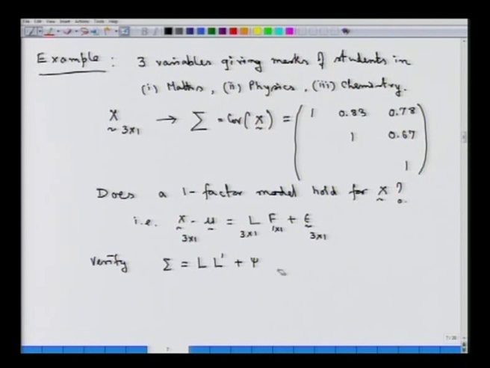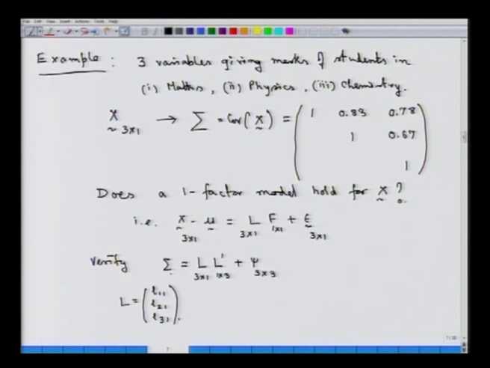Here this L is 3 by 1, this is 1 by 3, and this is a 3 by 3 diagonal matrix. So, this L here, what we can write is L11, L21, L31.